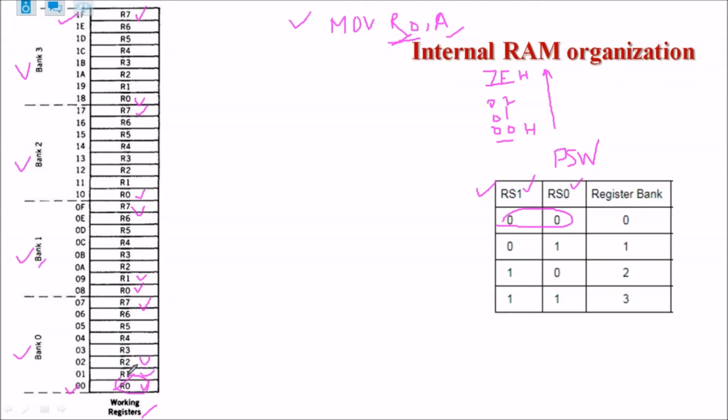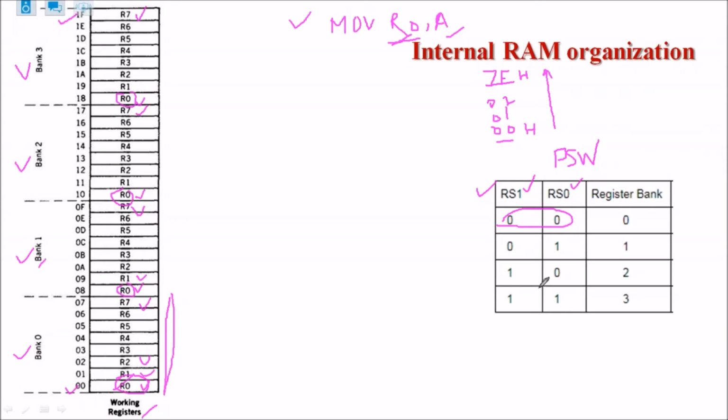If it is 01, it will take the register from bank 1. If it is 10, then bank 2. If it is 11, then bank 3. By default, when we switch on or reset a microcontroller, these 2 bits are 00. That means by default, we are using bank 0.